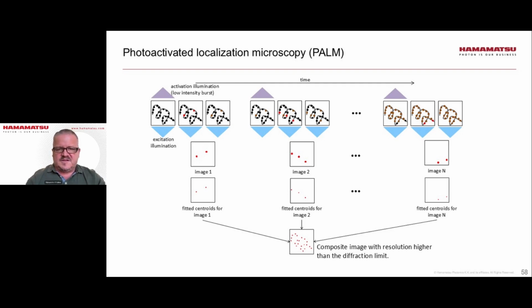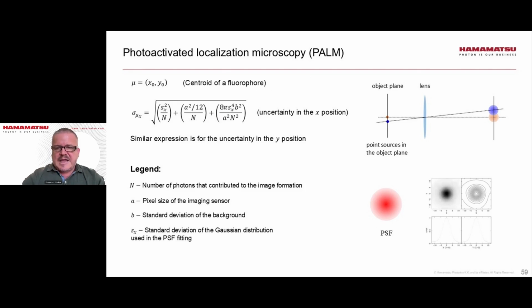You perform these excitation cycles many times and construct the final image. So what happens is that in the object plane, our source fluorophore is effectively a point source. But because of diffraction, in the image plane what we get is the light distributed. That distribution is known as the point spread function.